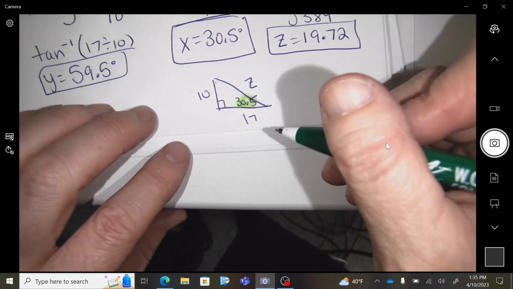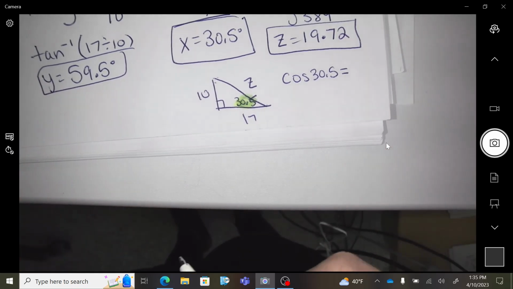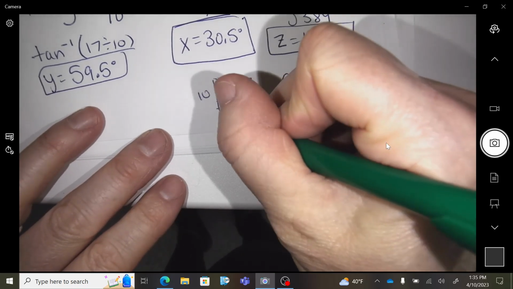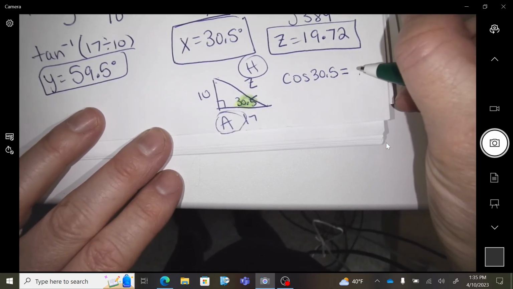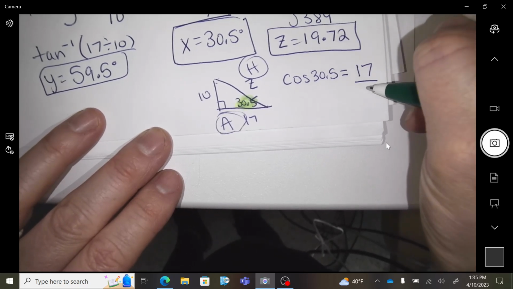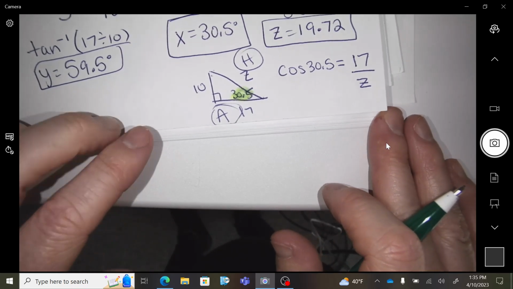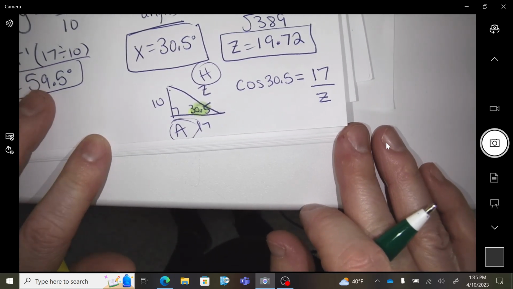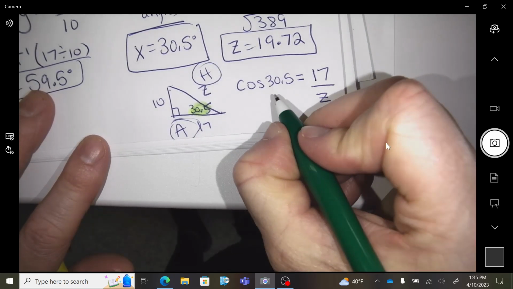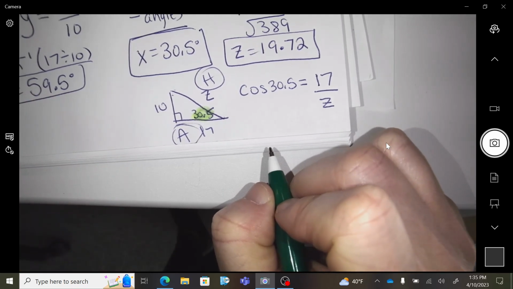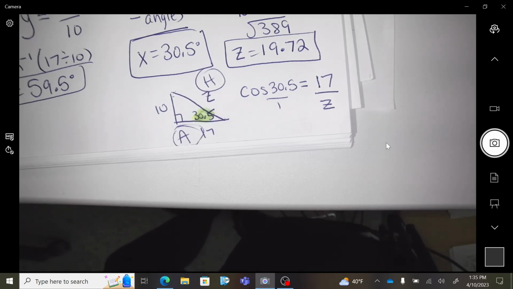CA, okay. So if I was to use the cos of 30.5, it would equal the adjacent 17 over hypotenuse Z. Do you remember, this was last week, how to solve? Remember my first instinct was just to put that over 1?